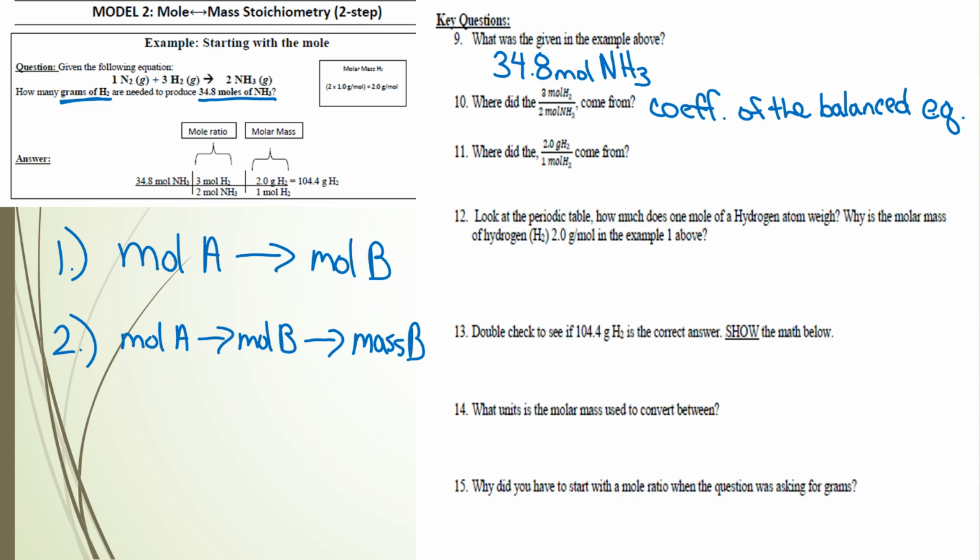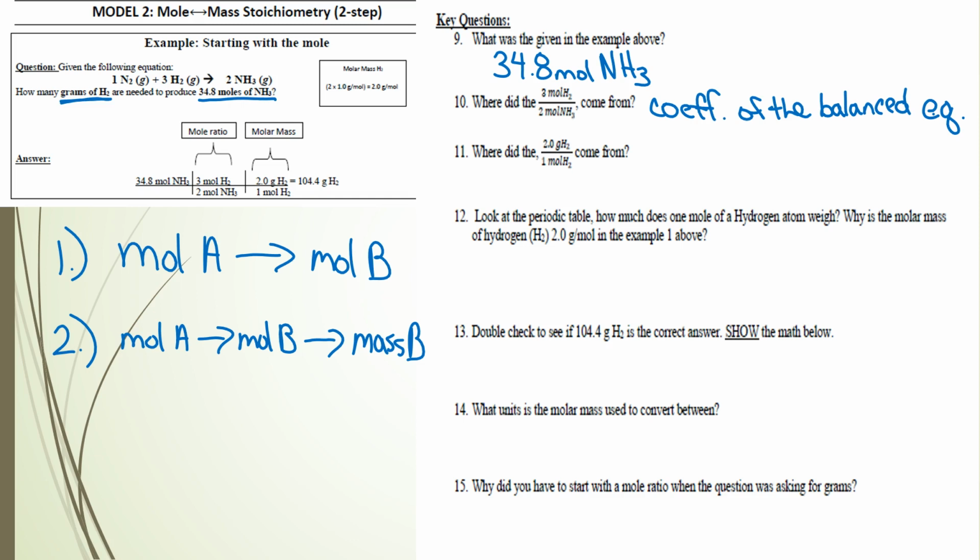You're going to see those over and over again because it's trying to drill something home. Now, where does the relationship of 2 grams of hydrogen to 1 mole of hydrogen come from? What is that? That is the molar mass.